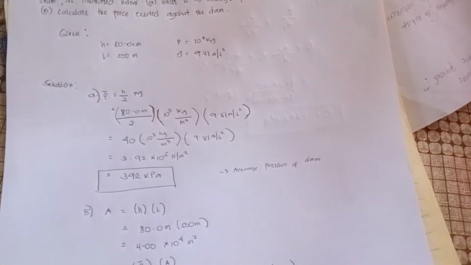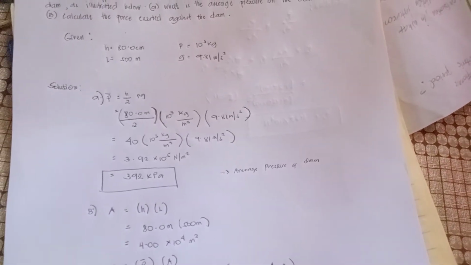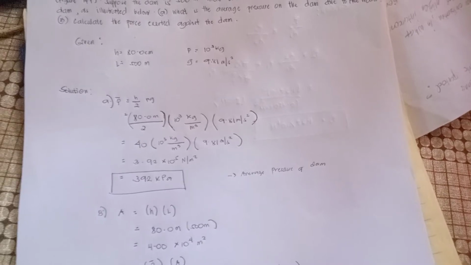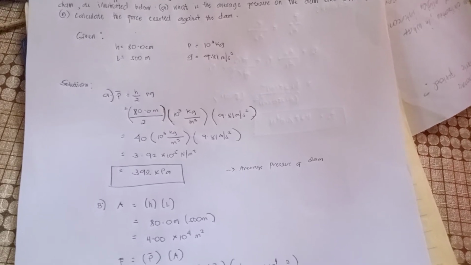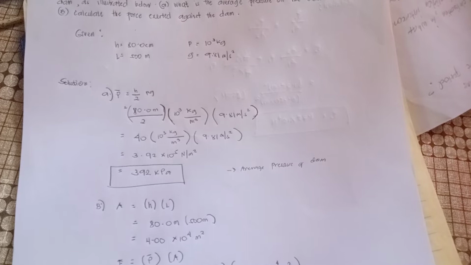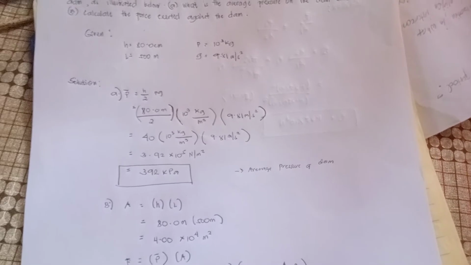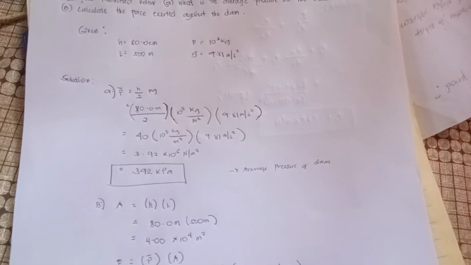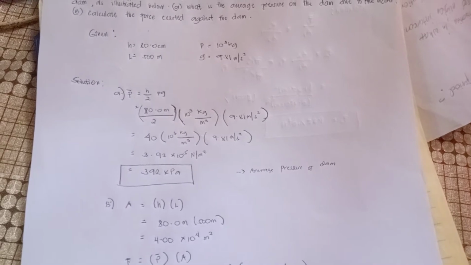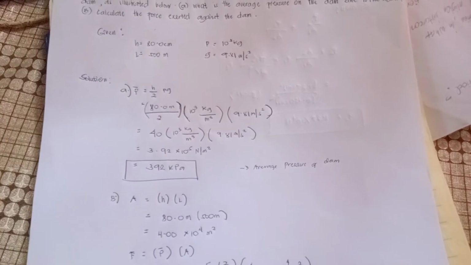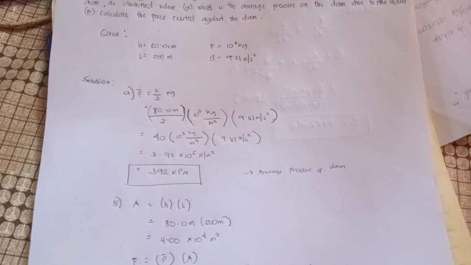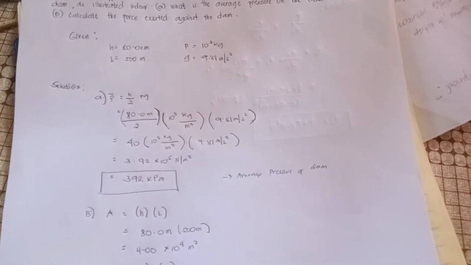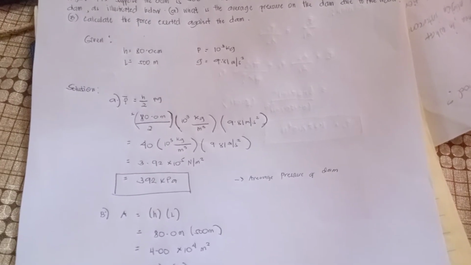So the formula is P equals H over 2 rho g, which equals 80.0 meter over 2, which is our depth, and 10 cubed kilogram over meter cubed, which is our density, and 9.81 meter per second squared, which is our gravity.